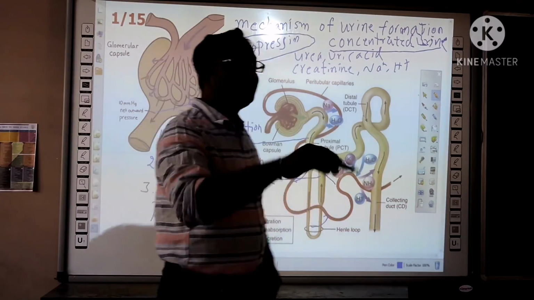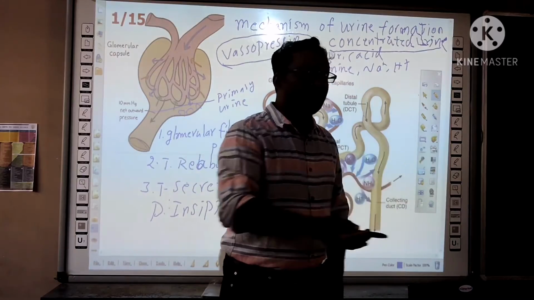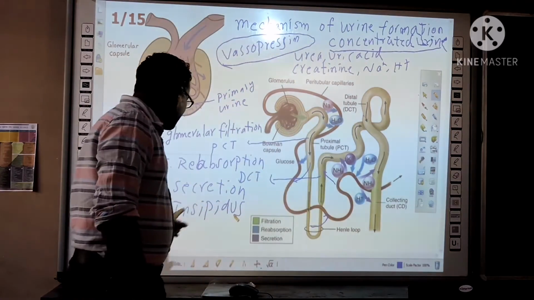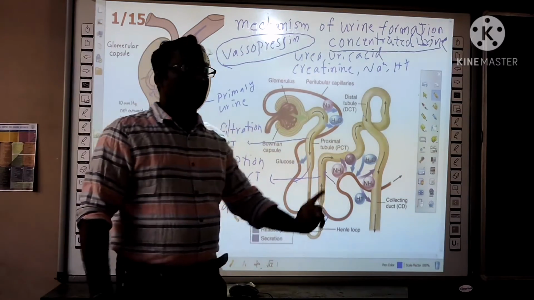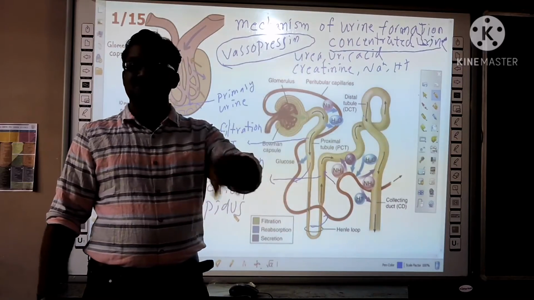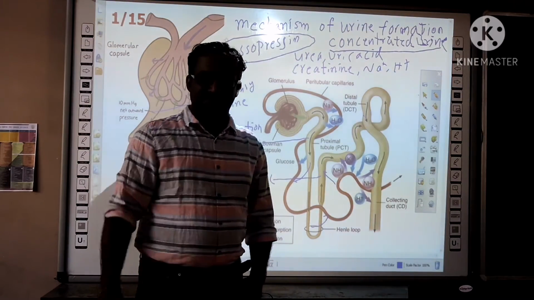Sugar disease is different. If the urine contains sugar, that is diabetes mellitus. In diabetes insipidus, the urine consists of water. In diabetes mellitus, urine consists of sugar. That is the difference.